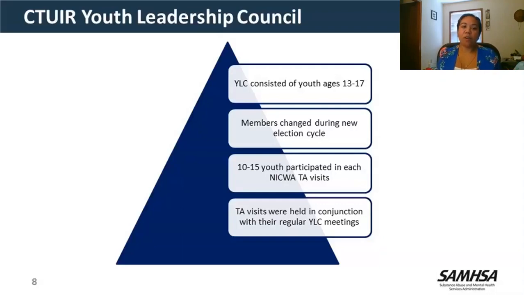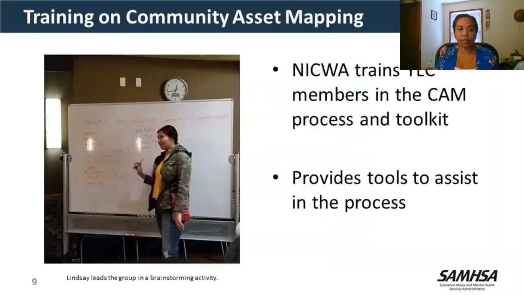And for NICWA, we always did our TA visits on the same day that they have their regular youth leadership council meetings on Sundays. So we came out to train.